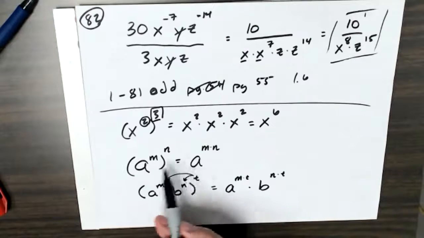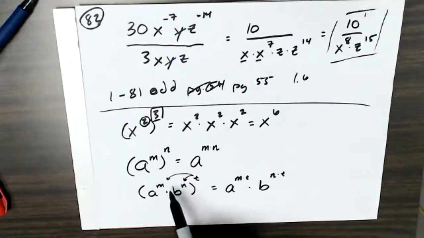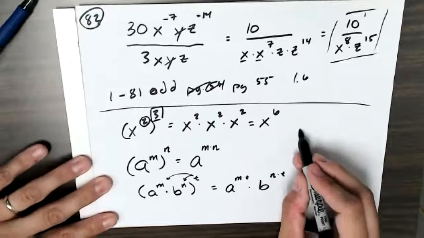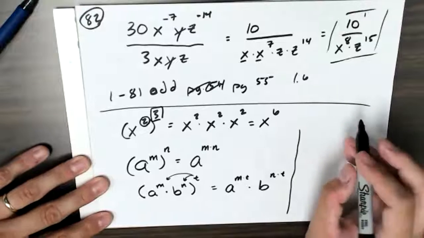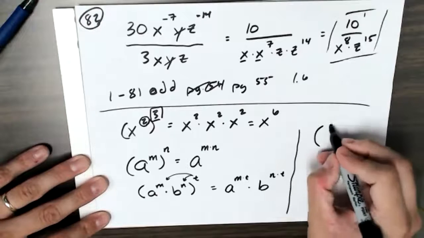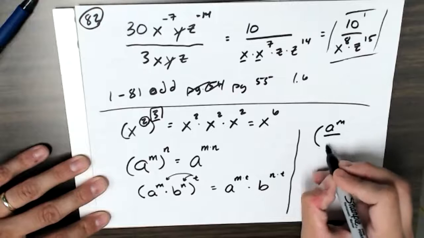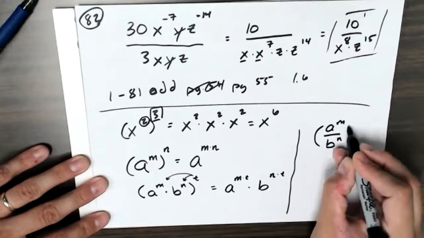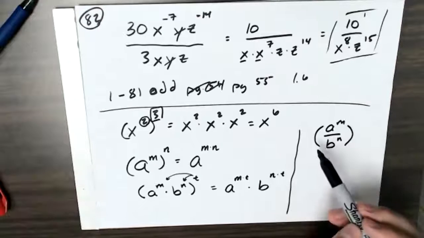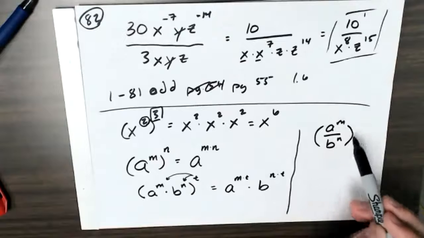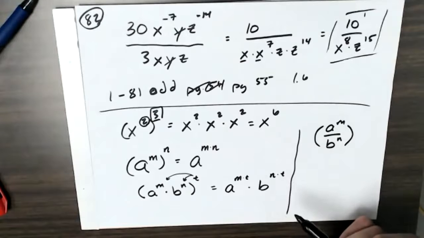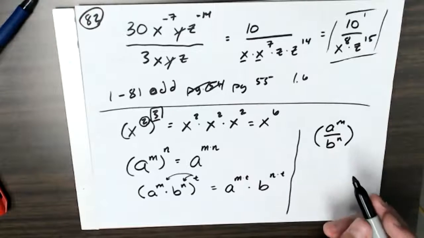So we've got the product rule if we have multiplication. Well, there's also the product rule if we have fractions. I'll use that same a to the m divided by b to the n. There cannot be addition or subtraction in anything in these parentheses. It has to be either multiplied or divided.